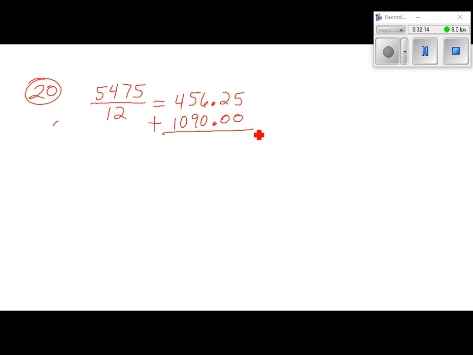So we add those two together, and each month that apartment's going to cost her about $1,546.25. That's her monthly charge. The other way you could have done it is you could have multiplied this times 12, added it into that, and then divided it all by 12. Either way, it's going to give you the same answer.